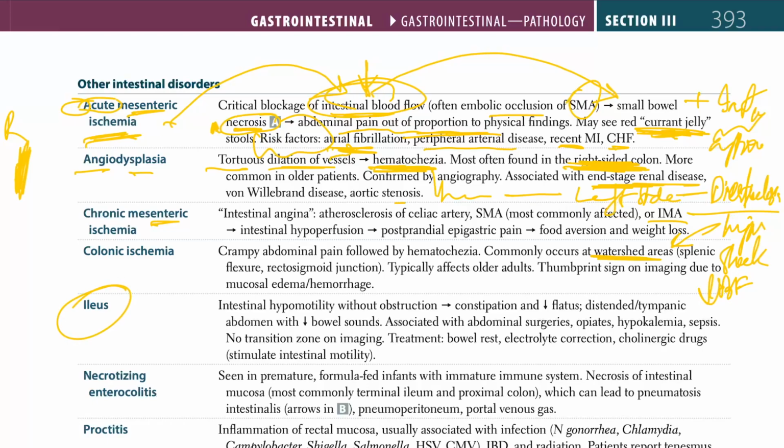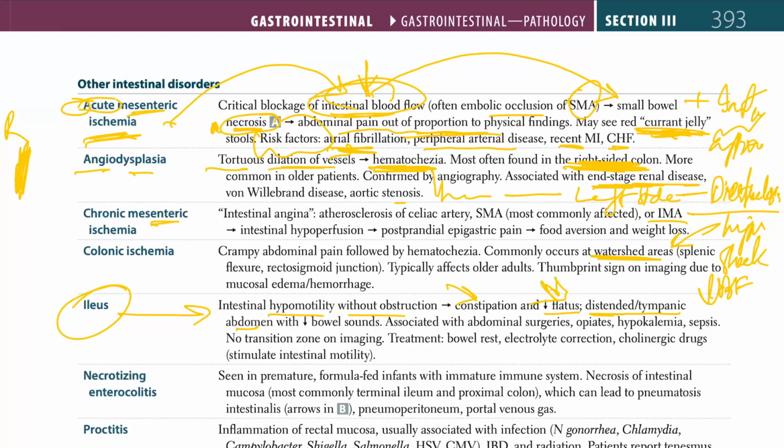Ileus. Ileus is intestinal hypomotility without obstruction. You just have hypomotility without any obstruction, which would cause constipation and decreased flatus. Distended tympanic abdomen. When you have constipation and decreased flatulence, that leads to distension of the abdomen, or tympanic abdomen.